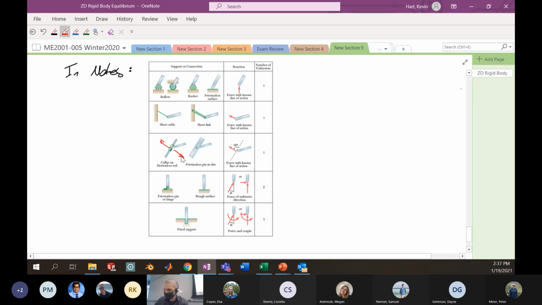You're restricted by the rod or the slot from moving in the direction perpendicular to the slot. So you have one force here that you would represent as the force that's resisting your motion, and that force would be acting perpendicular to the channel or perpendicular to the rod, stopping your motion there.